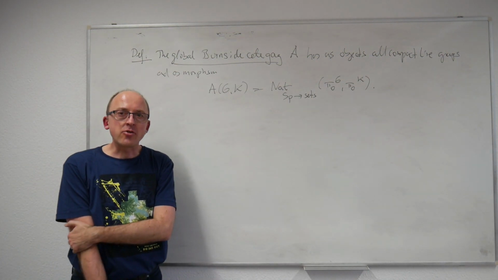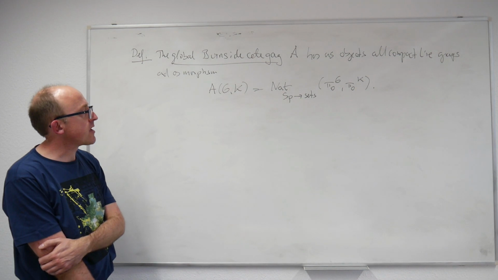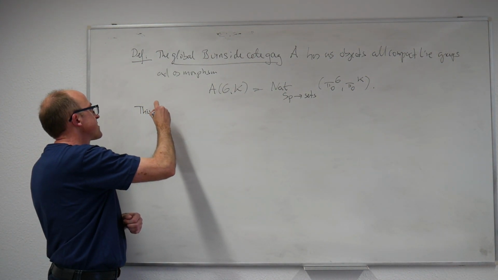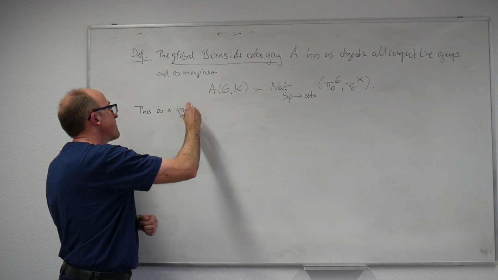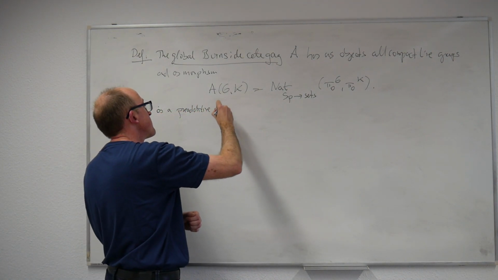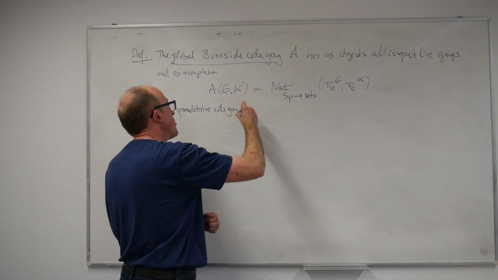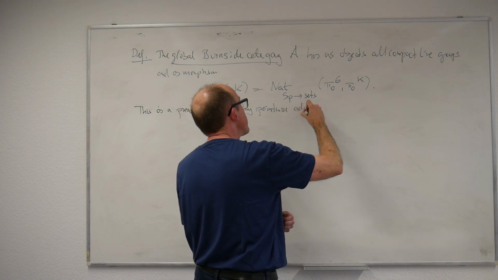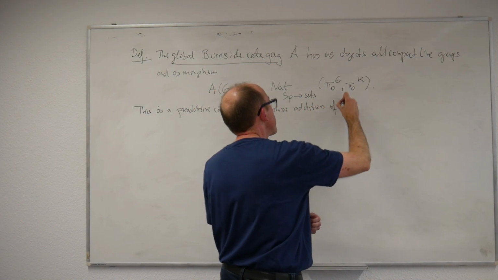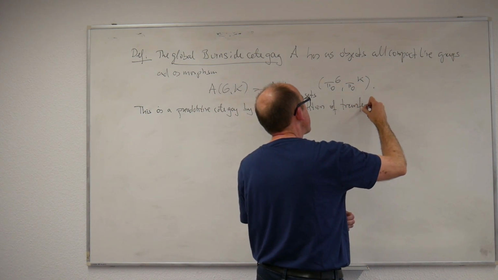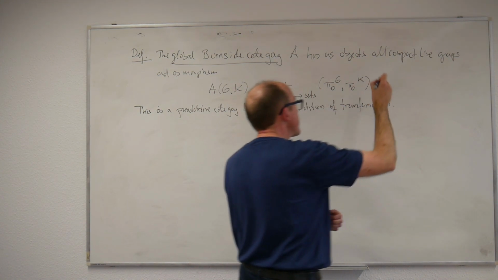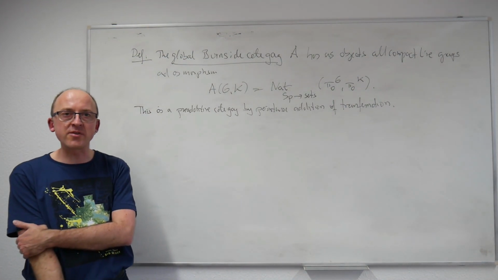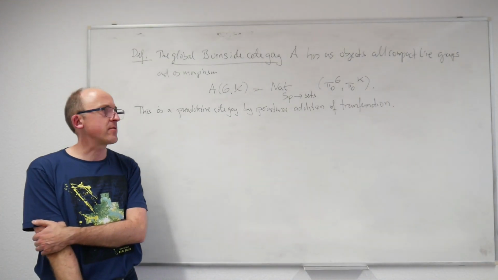Obviously, under composition you can compose natural transformations, but this is also a pre-additive category, so it has a little bit more structure. This is a pre-additive category by pointwise addition of transformations. While I'm considering natural transformations of set-valued functors, the values are actually abelian groups, so we can pointwise add natural transformations.